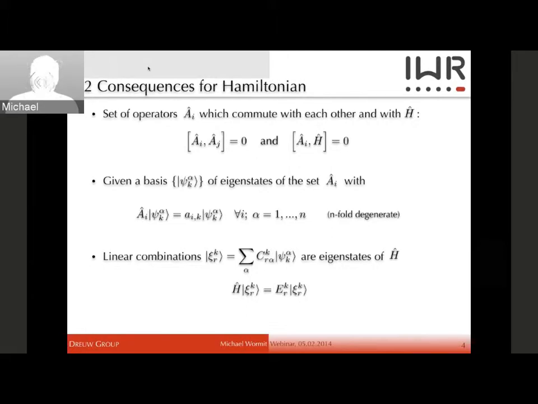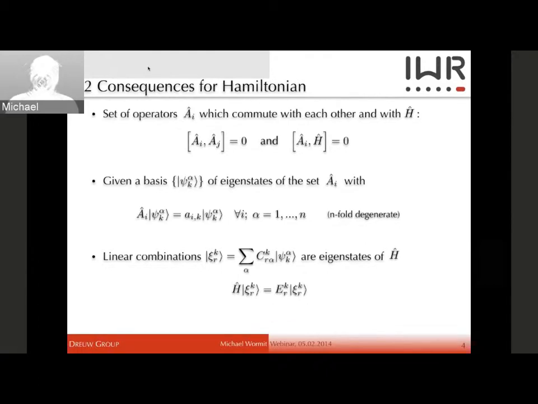Assuming they form a complete basis, we can form eigenstates of H from these psi k alpha by doing a linear combination. That's what the previous theorem was just about.